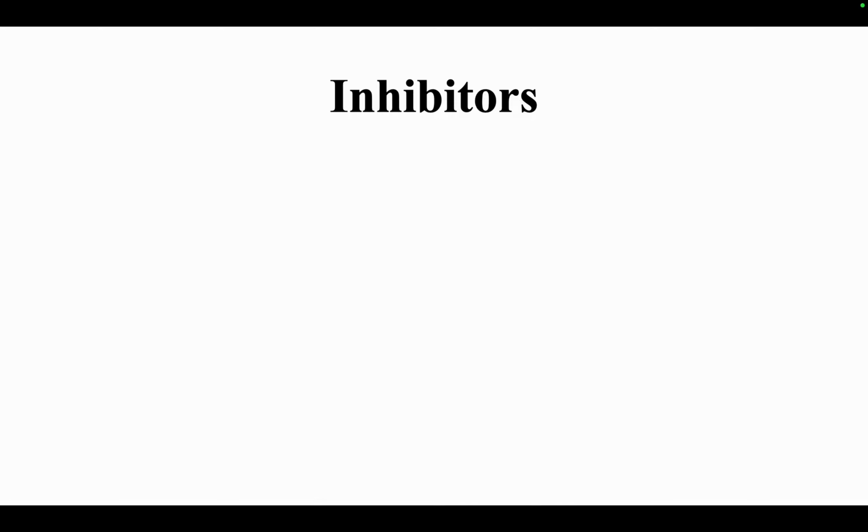So, why do we have to learn about inhibitor kinetics? Because in order to understand how the inhibitors work, we need to understand the kinetics, how the inhibitors will affect the rate of the enzyme, and how it is affecting.